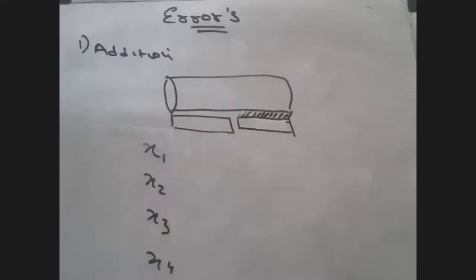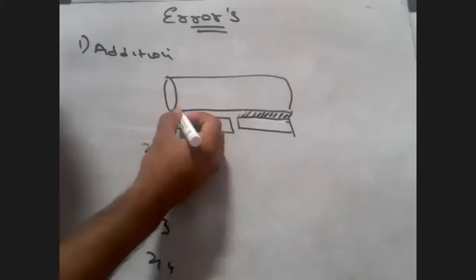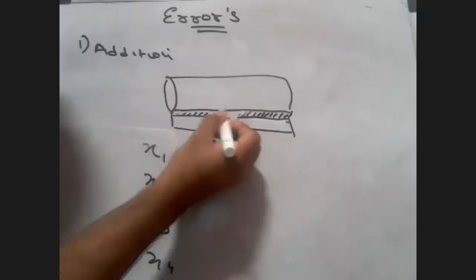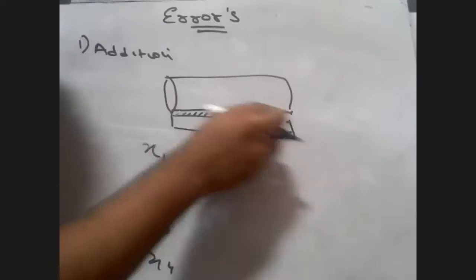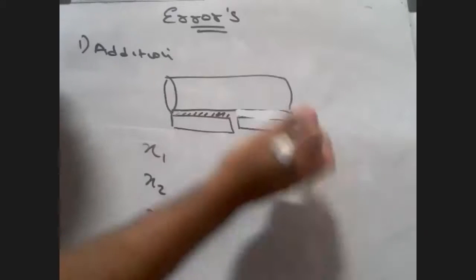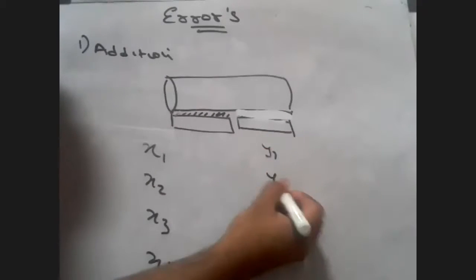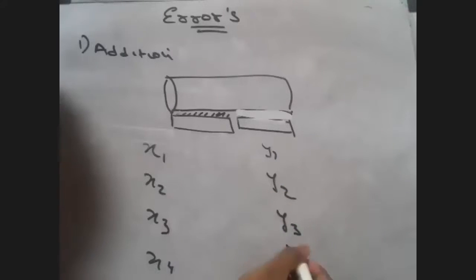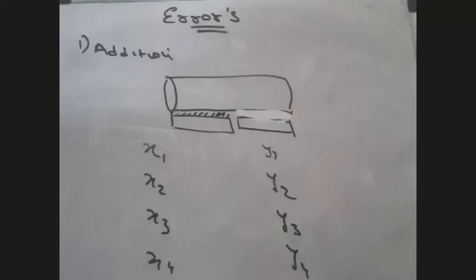Somewhere I got 4.1, somewhere I got 4.2, just some small things. And now I stick this and I try to measure this part of the cylinder. So I get some y1, y2, y3, y4, and so on and so forth.